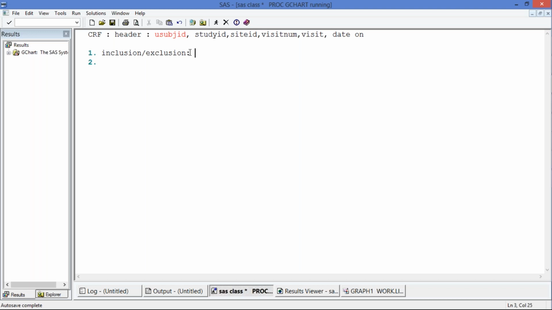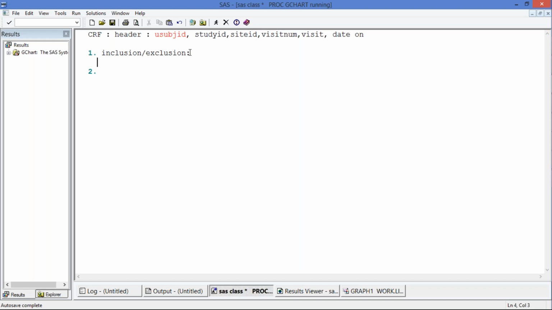What does it mean? We need to know what type of people should be in the study and what type of people should be excluded from the study. This will determine the criteria based on which patients will be recruited. This criteria will be study specific.